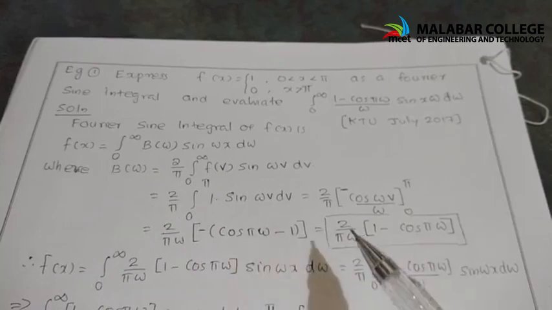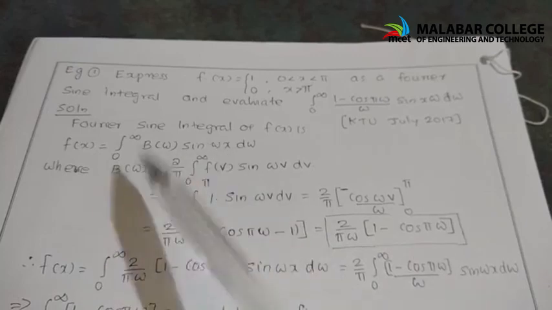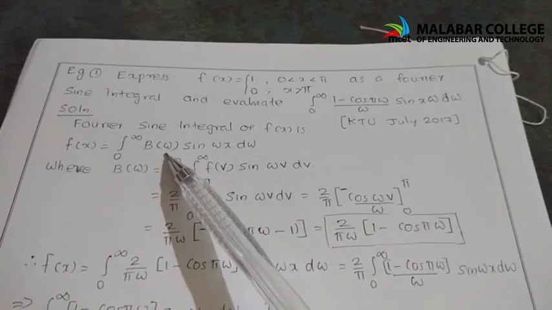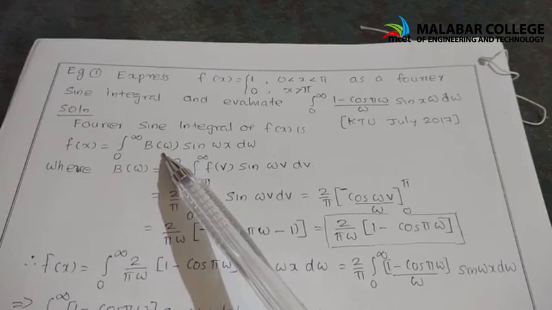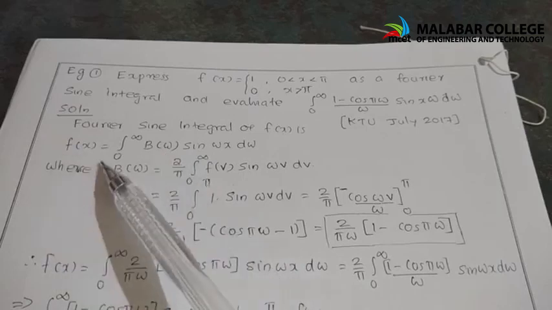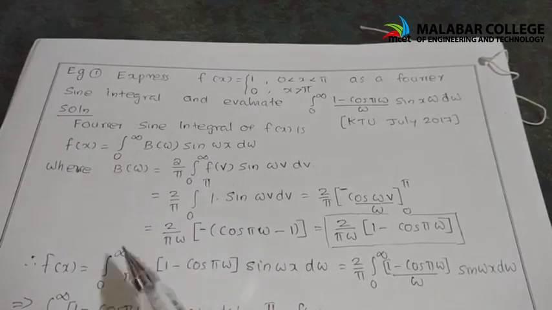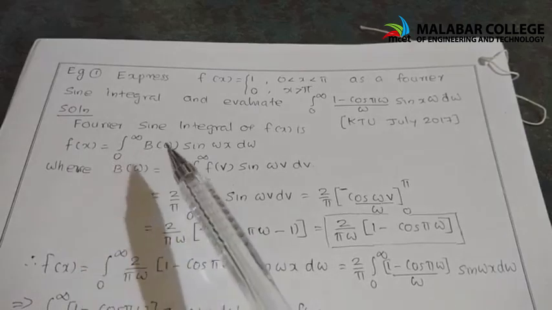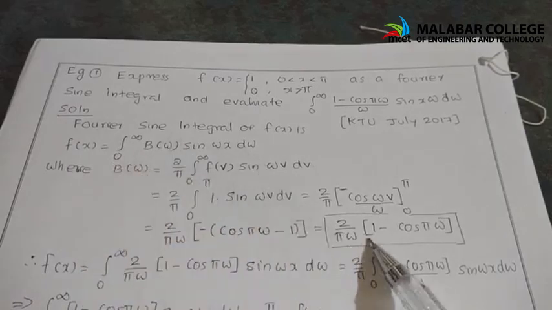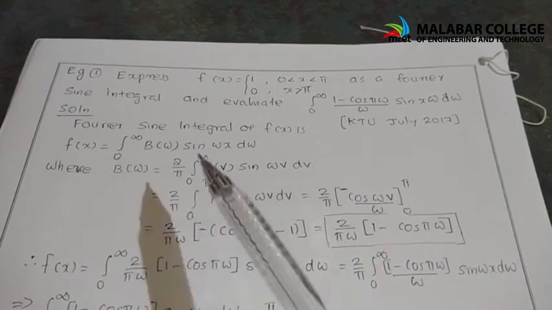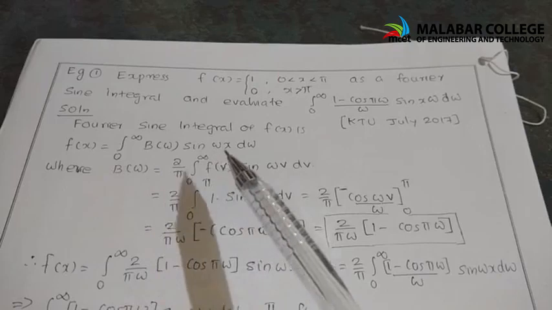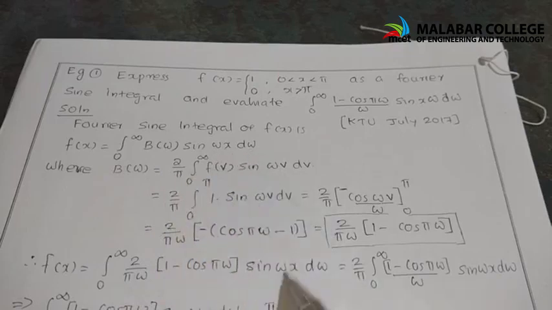Now we have to apply the b omega value in the above said formula. So we will get f of x equal to integral 0 to infinity, then b omega is 2 by pi omega into 1 minus cos pi omega, that I have substituted here, and the remaining is sine omega x d omega, which is equal to, this 2 by pi is a constant, take it out.